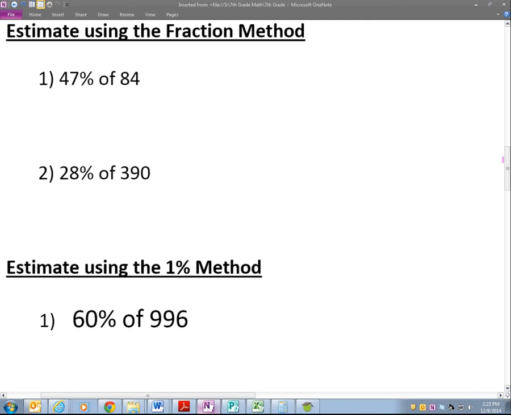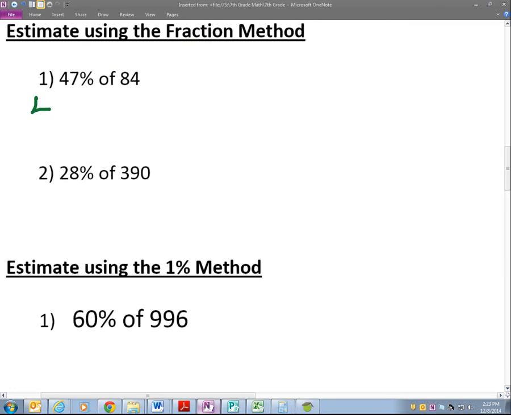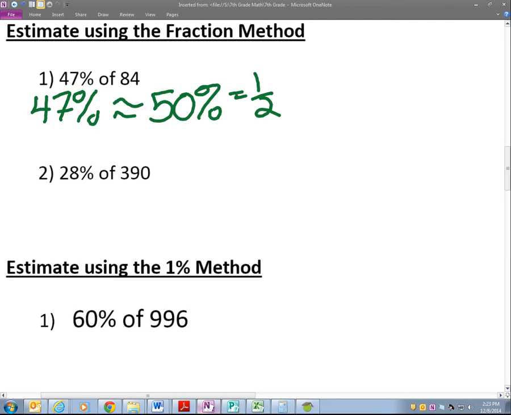So the fraction method, 47% is about 50%, and 50% equals 1/2.